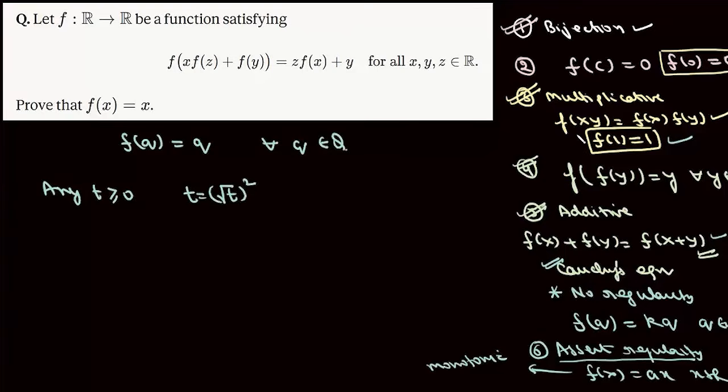So we'll use multiplicativity to prove that this function maps non-negatives to non-negatives. So we can write f(t) as f of root t into root t, and it'll be f of root t, whole square. And since this is square of this real function, it'll be always greater than or equal to 0, which implies this f maps non-negatives to non-negatives.